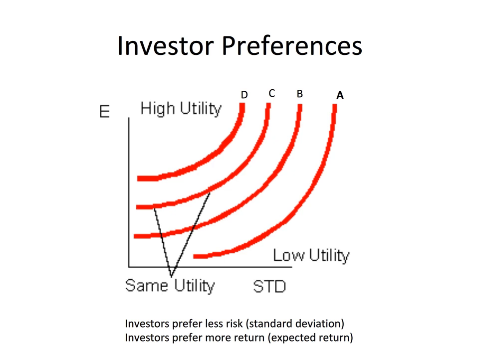In the middle of this graph, you see indifference curves. You see 4 of them: A, B, C, and D, and these are individuals' preferences for risk. A is the lowest indifference curve, or there's less utility on this curve than there is on B, than there is on C, and there is on D.